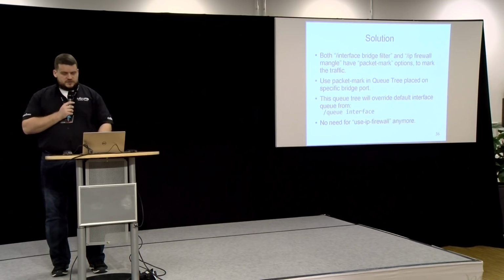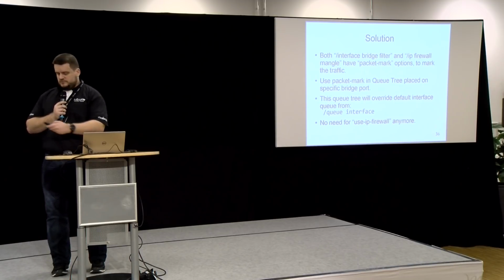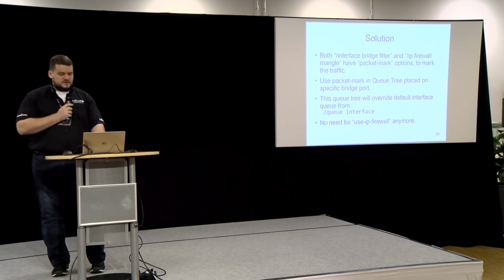So you can use bridge filters and mangle. Both of these options have packet mark. So you can mark packets there with the same mark, and then use this packet mark in Q3 and place that Q3 on that interface. Then it will be placed on that interface HTB.